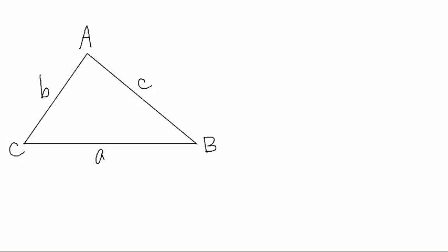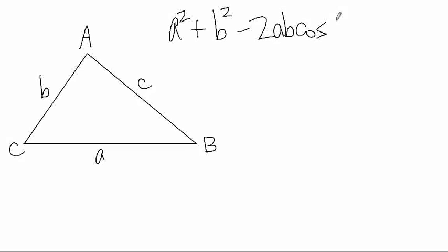So for those given angles and side lengths, the following will always be true. a squared plus b squared minus 2ab times the cosine of the measure of angle C is equal to side length c squared. Okay? That is the law of cosines.